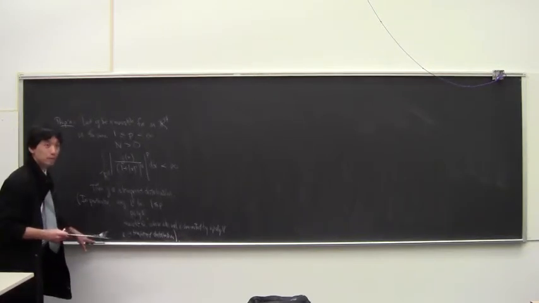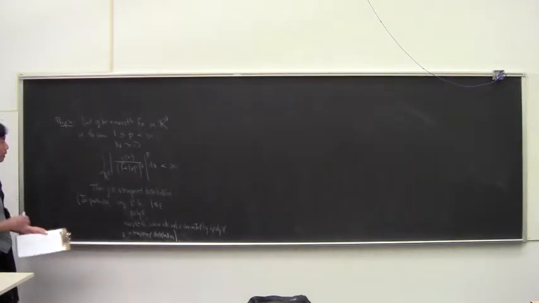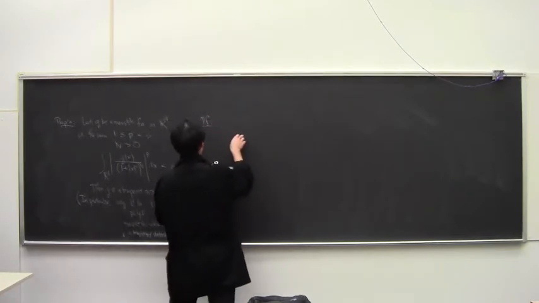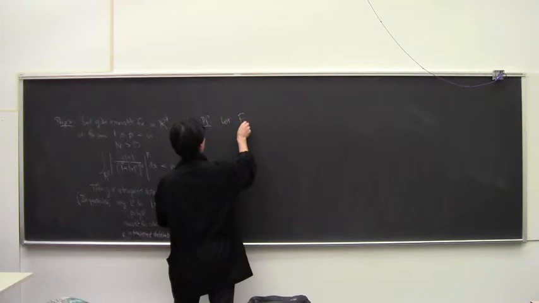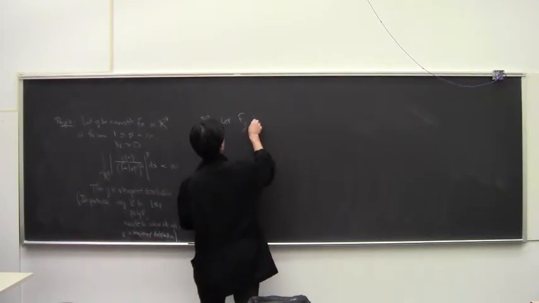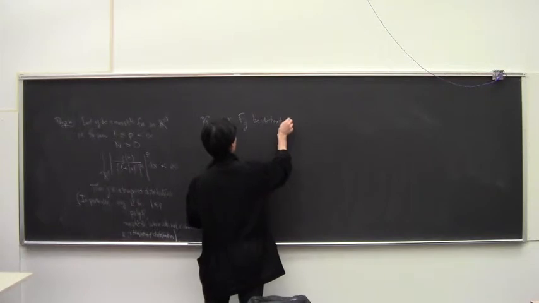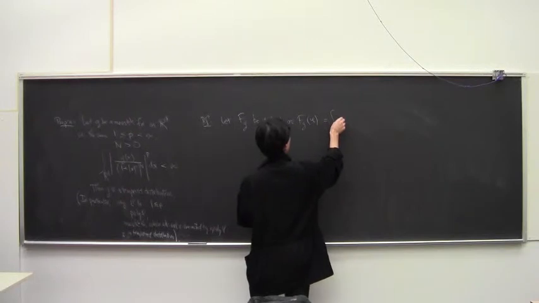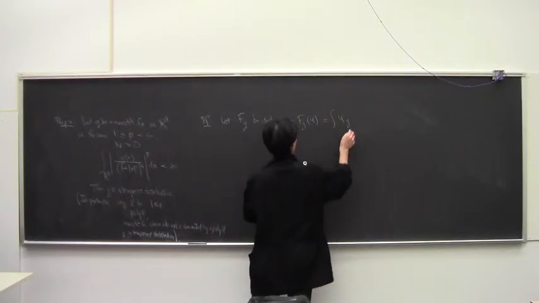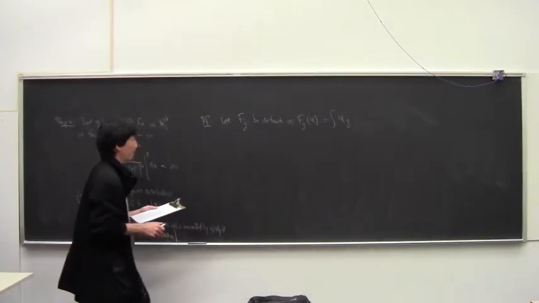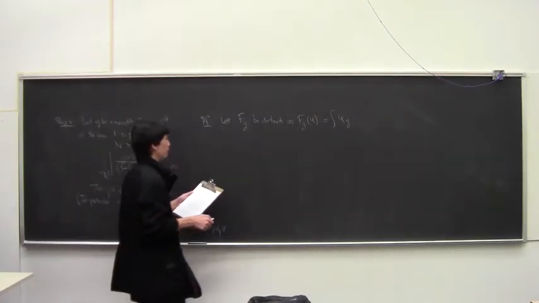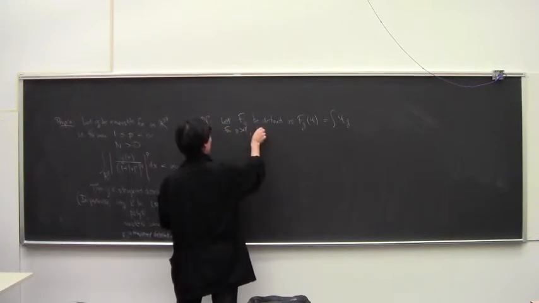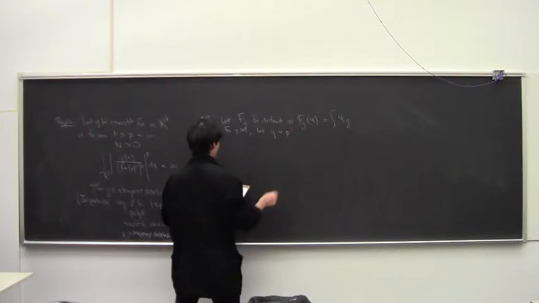Okay. So this should give you some more sense of what temperate distributions are. Let's prove it. Let S of g be defined as usual. Let q be defined.